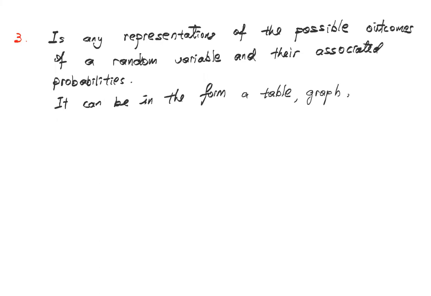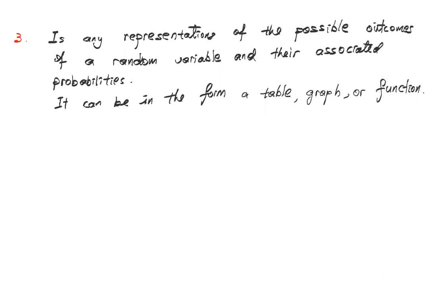When you say graph, it can be a bar chart, pie chart. Or it can be a curve. Okay, in the form of graph, or in chapter 8, we will talk about in the form of a function. Are you clear? So this is called probability distribution.